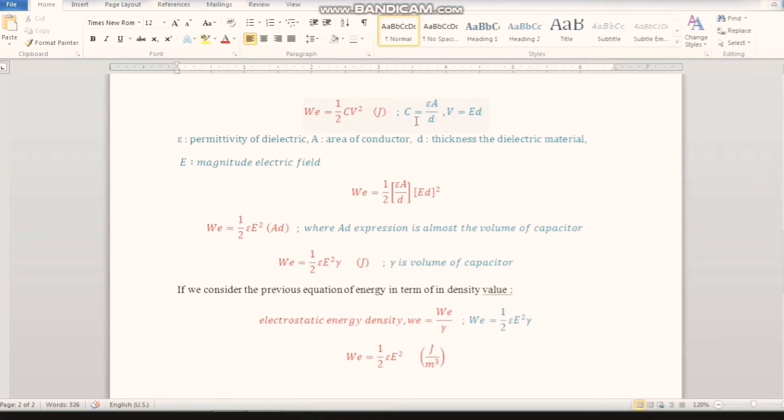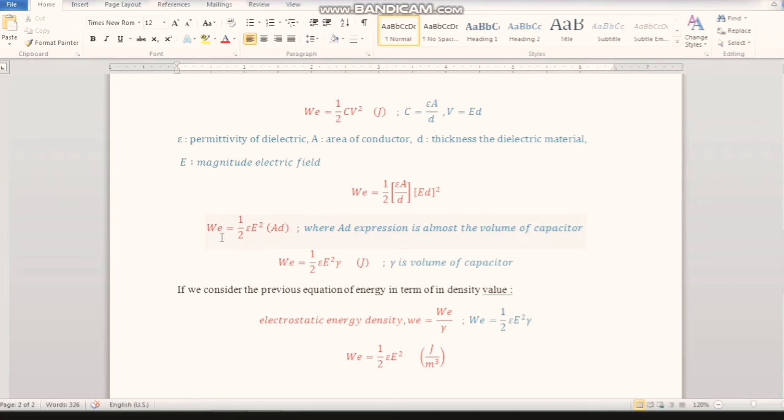Then we substitute C and V, where C is epsilon A over d and V equal to Ed, where epsilon is the permittivity of the dielectric, A is the area of the conductor, d is the thickness of the dielectric material, and E is the magnitude of the electric field.